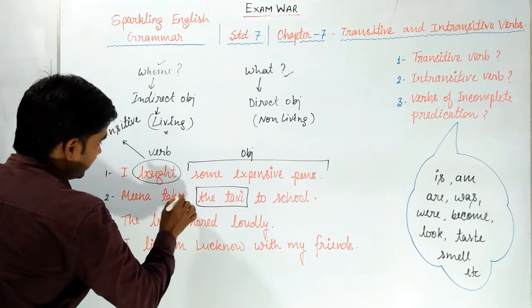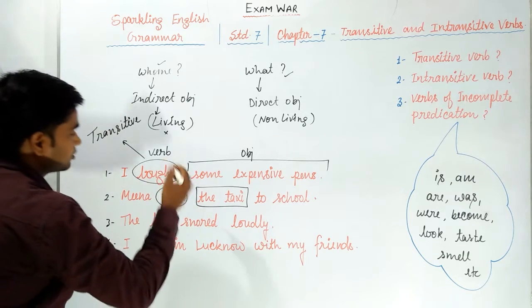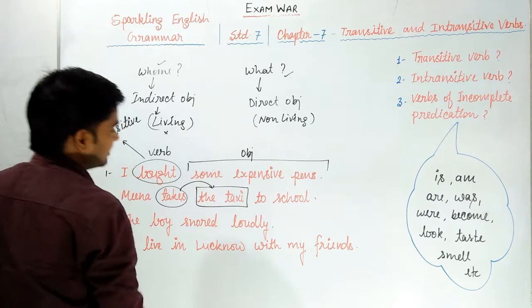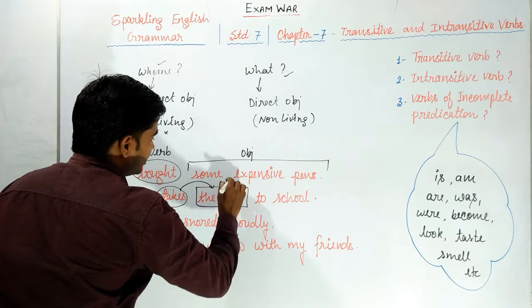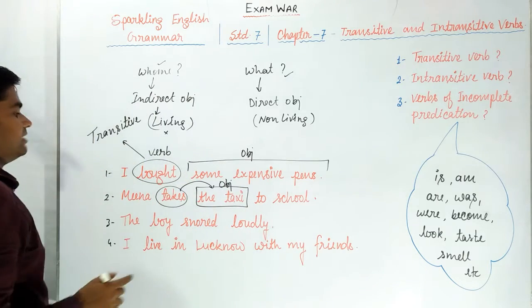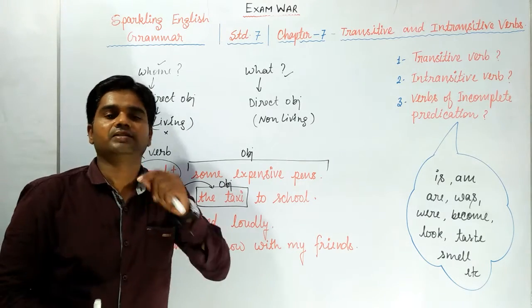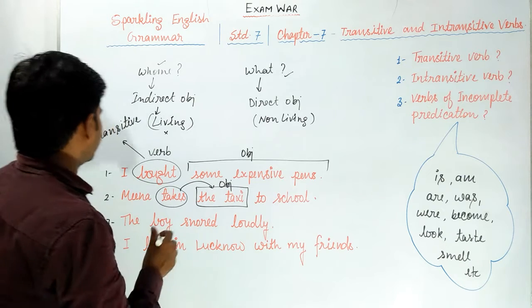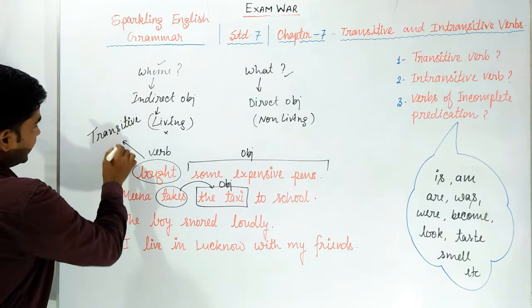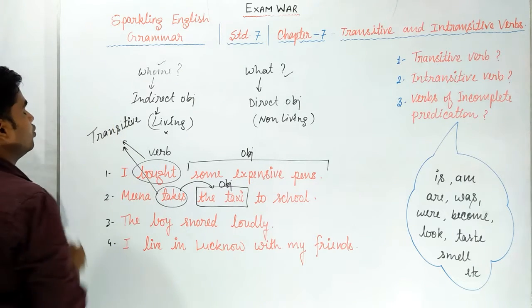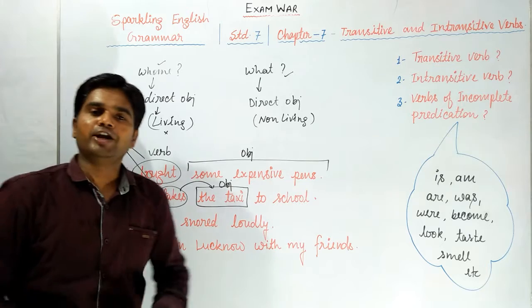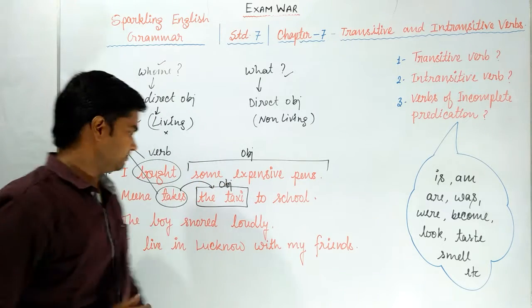So the verb is takes and its object is taxi. An object is given in the sentence, that's why the verb used in the sentence is transitive. Once again, the verb takes is also transitive. I think you got this point very well.